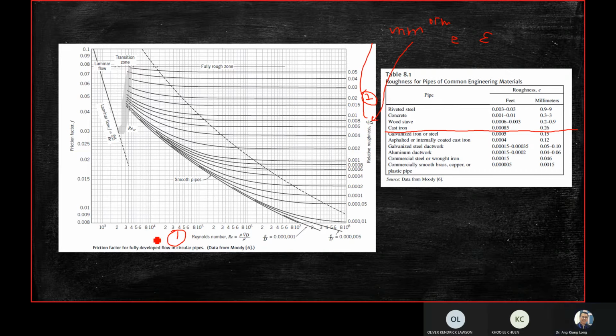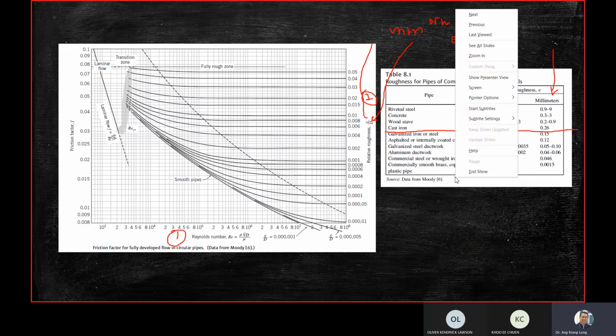Clear? So the first step to use the Moody Chart to find the friction factor is to first find the Reynolds number. Second, you find the relative roughness from table 1.8. Remember, we are using this column here, depending on the type of material or pipe you have. Then you see all these lines in the middle of the chart here.